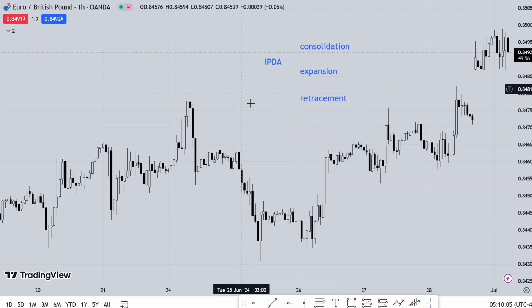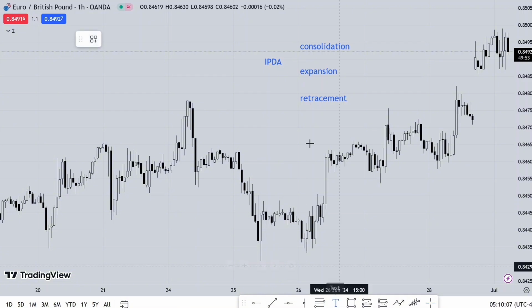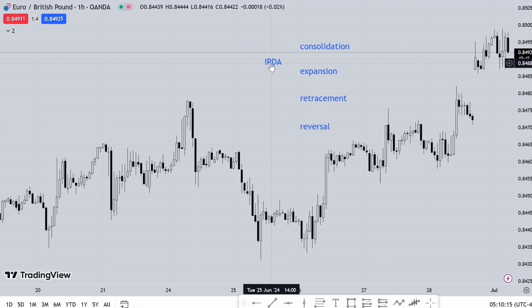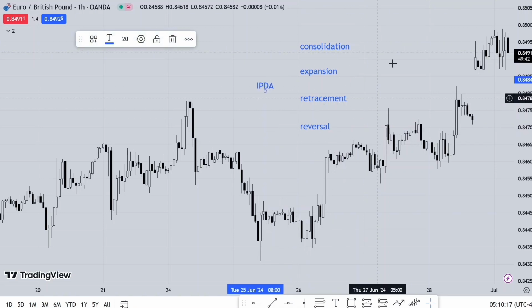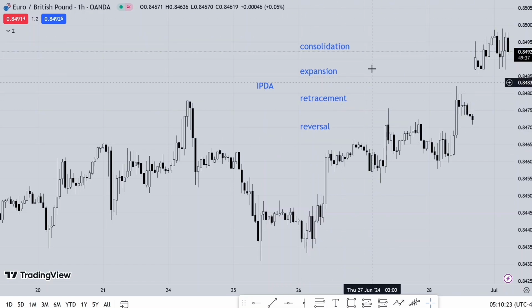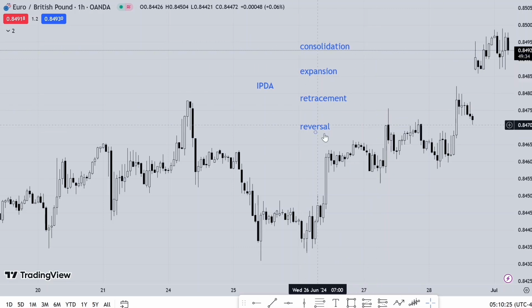And finally, we have the reversal. These four elements are the only criteria, the only phases that the Interbank Price Delivery Algorithm will go through. These are the phases in which the IPDA will seek to deliver price.